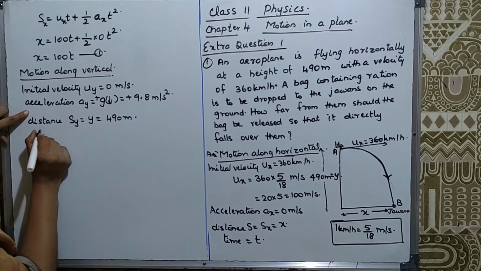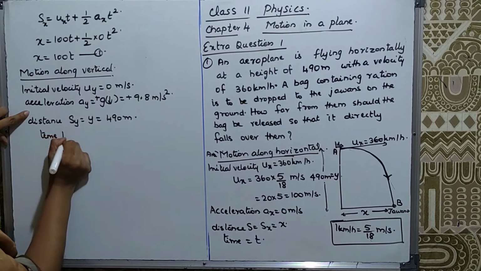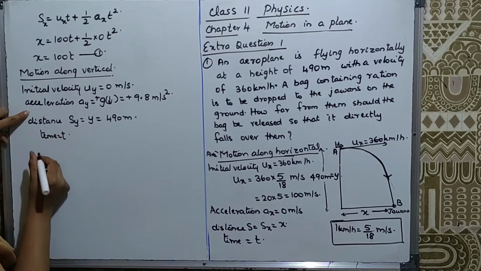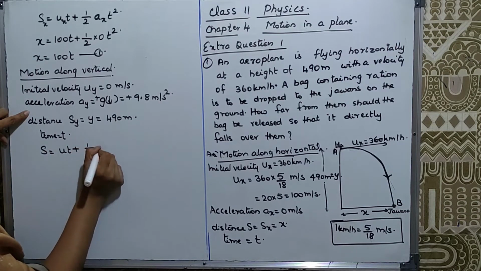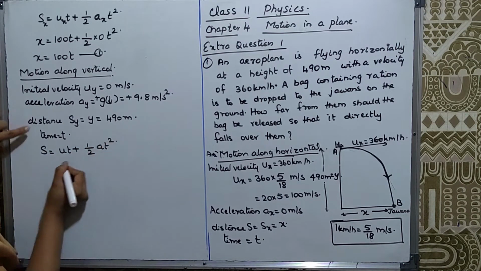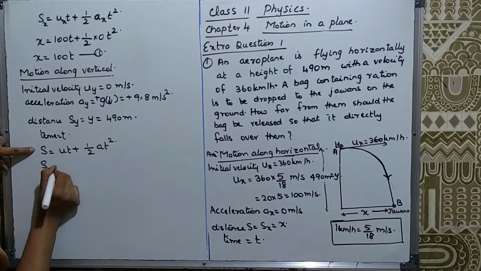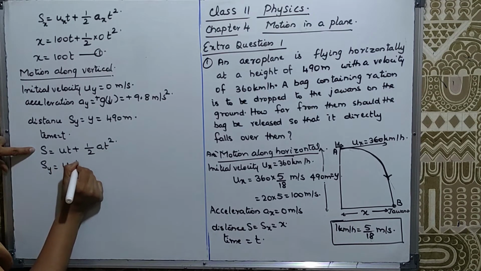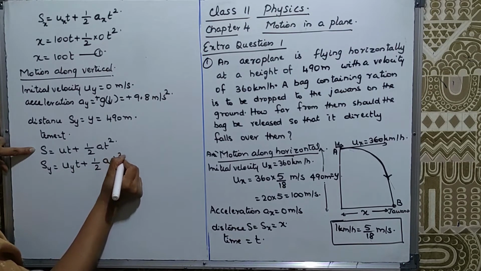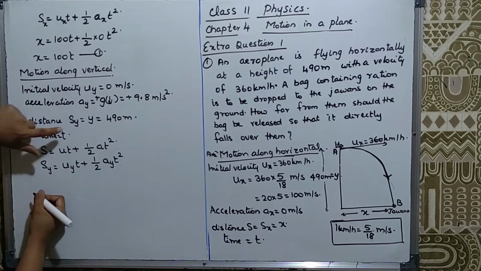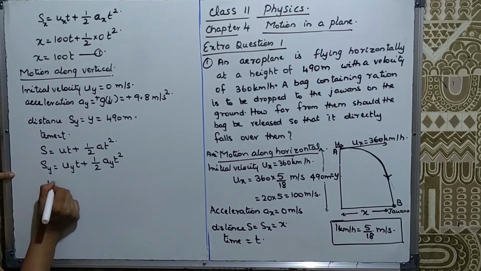Now here time taken will be the same in both the cases. Time equal to t. We'll apply the formula S equals ut plus half at squared. So in the place of S we'll write Sy equals uyt plus half ayt squared. What is Sy? That is y only.